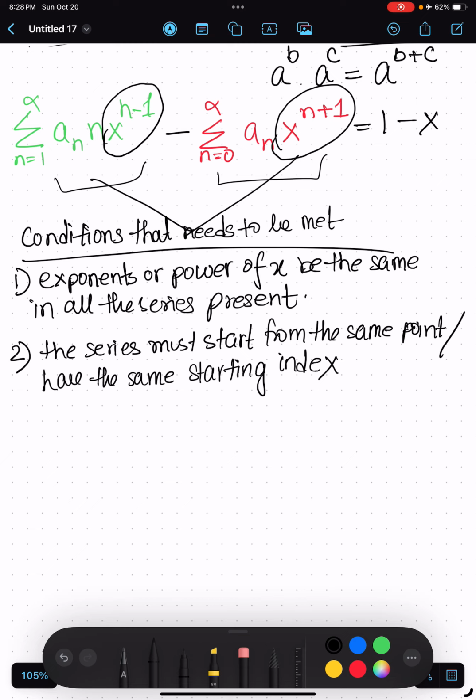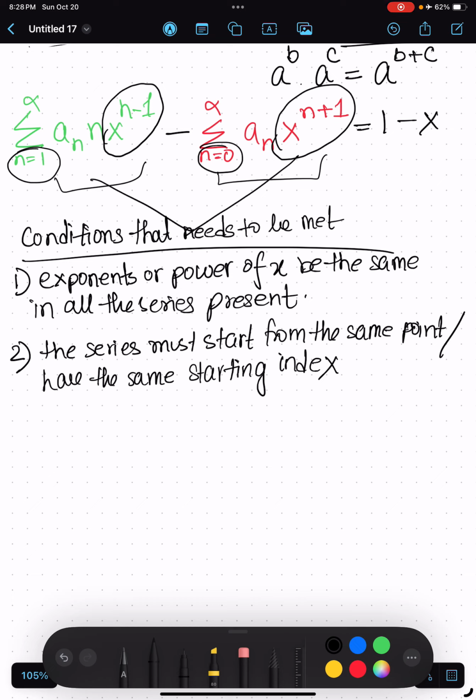Now, what this statement means is basically that this value and this value have to be the same. Both of them have to start from the same number. And in this expression, we can see that it doesn't really happen here. While the first series starts from n is equal to 1, the second one starts from n is equal to 0. That means both of these conditions haven't been met in this expression yet.